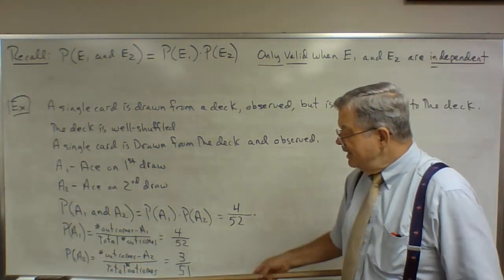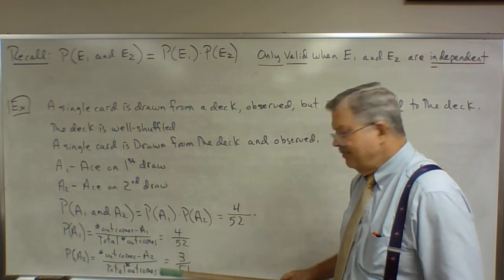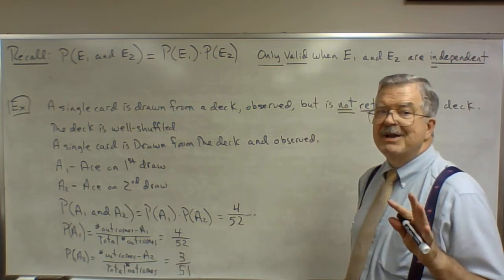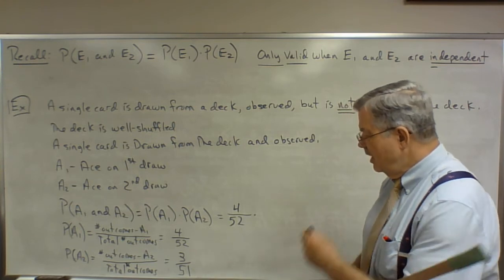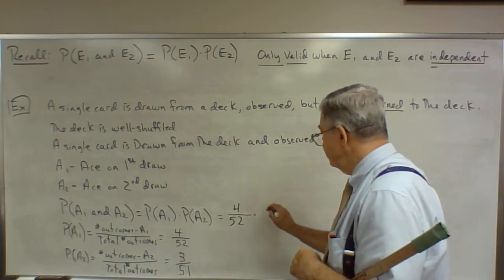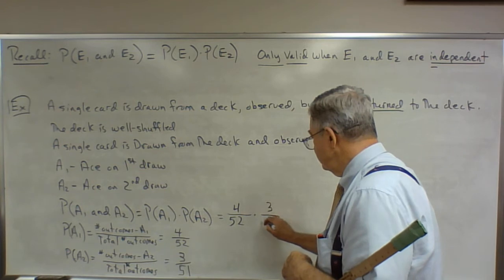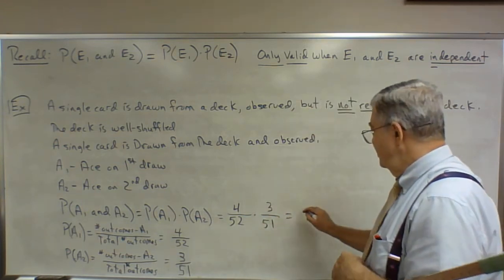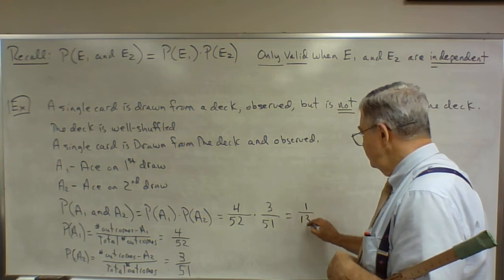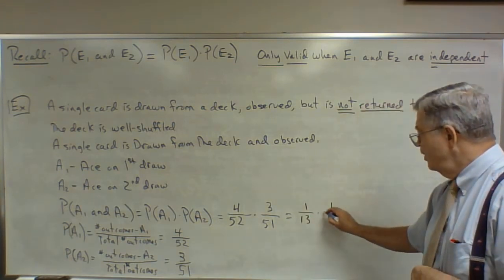So the probability that we got A2, according to the way we operated in the last lecture, we said it's 3 out of 51. And what is this? 1 over 13 times 1 over 17.